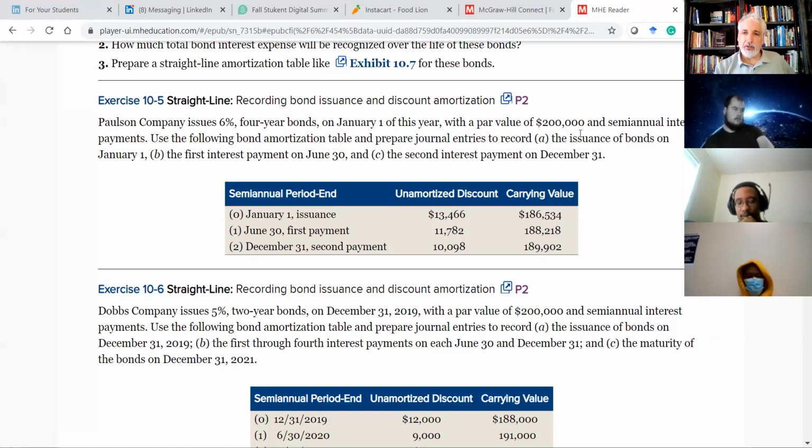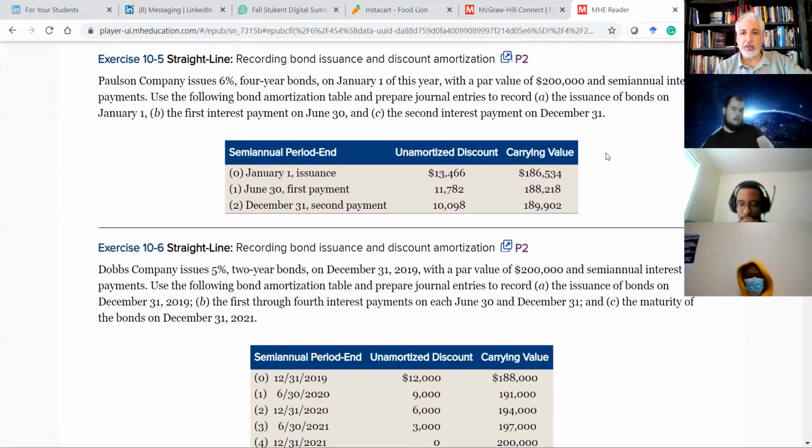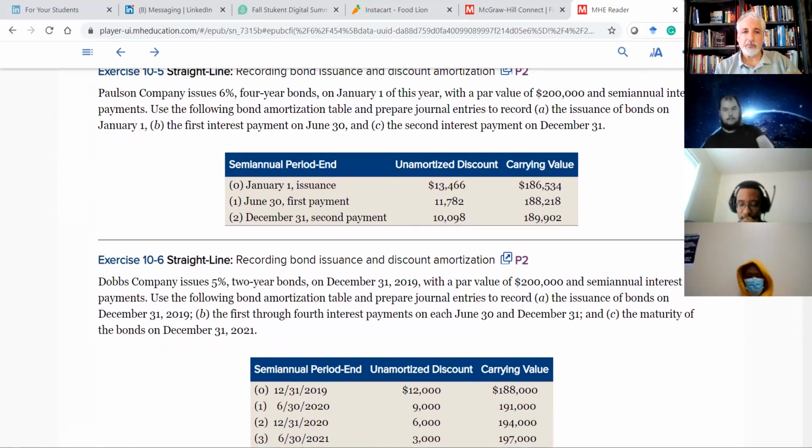And we need to calculate the issue of the bonds on January 1. Oh, here we go. Well, they tell us. For your bonds, semi-annual, use the following bond amortization table. Prepare journal entries to record the issuance of the bond. Okay. So the first payment, June 30th, second payment. So let's look at that.